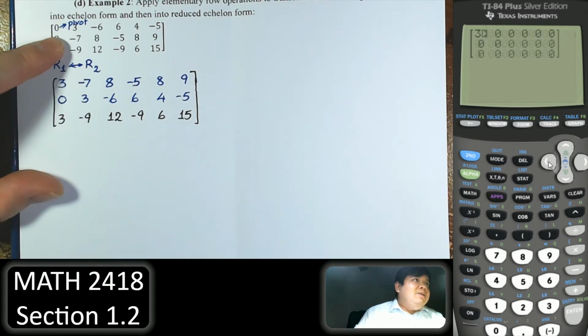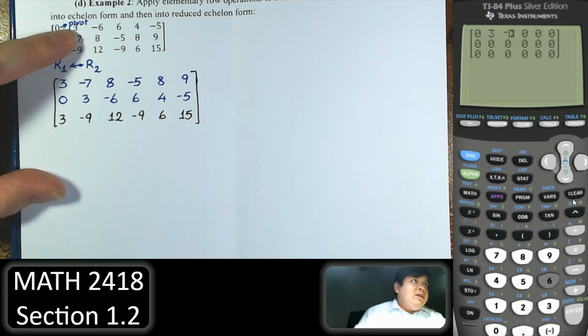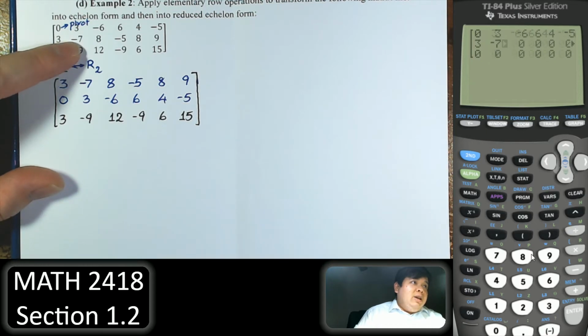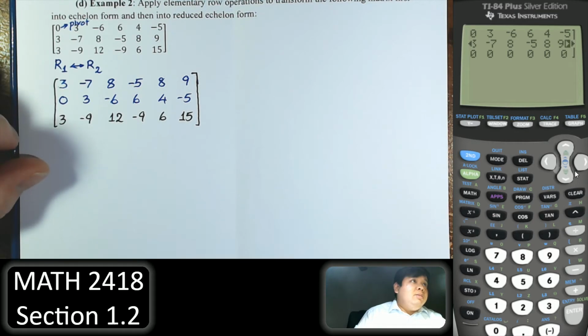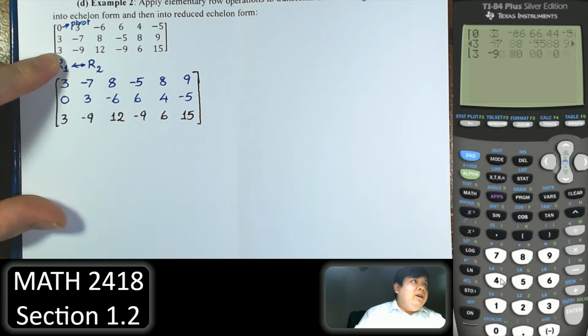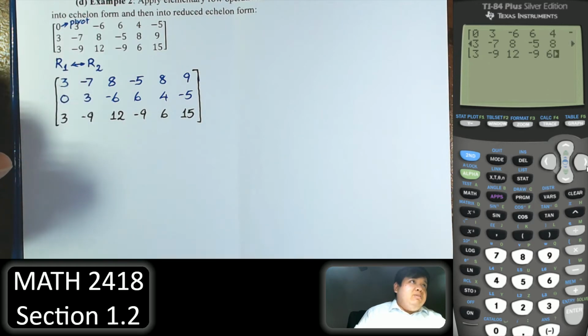Just enter the original: 0, 3, negative 6, 6, 4, negative 5, 3, negative 7, 8, negative 5, 8, and 9, 3, negative 9, 12, and negative 9, 6, and 15.